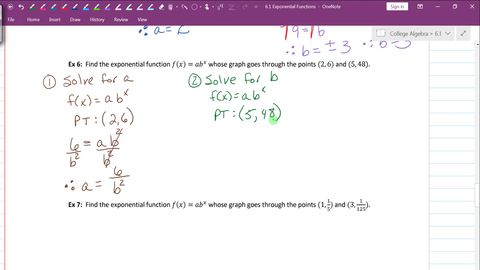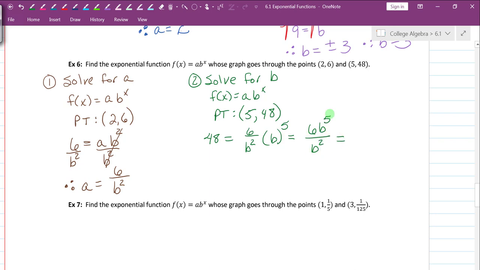Now, that means, here's my y. 48 is going to equal, what is a? a is 6 divided by b squared times b to the x, which is 5. Okay, so this is going to be equal to 6b to the 5th divided by b squared.